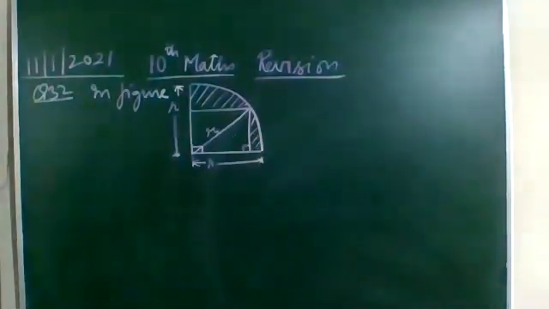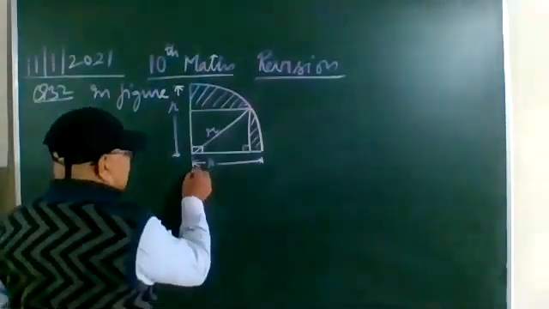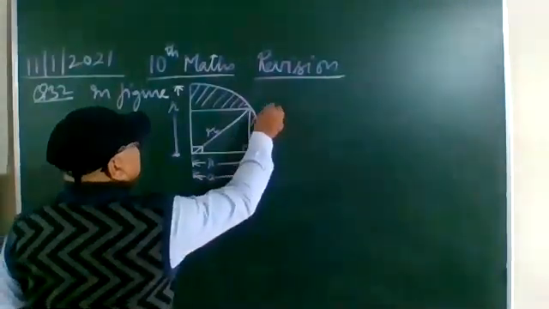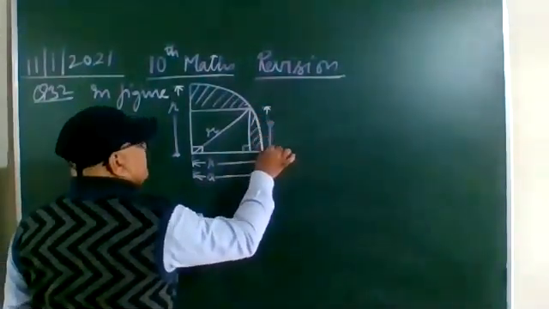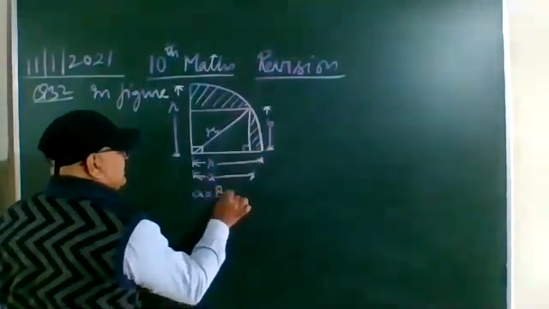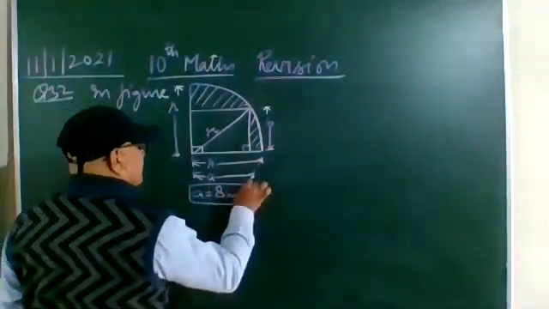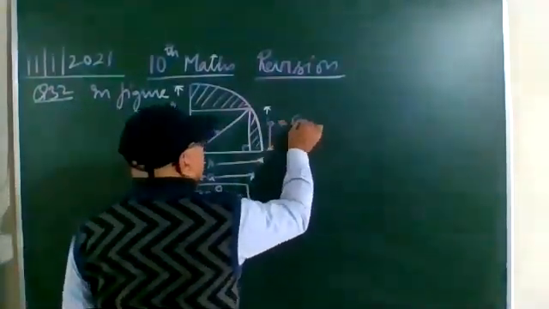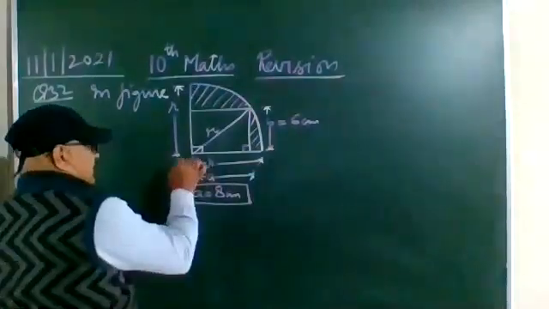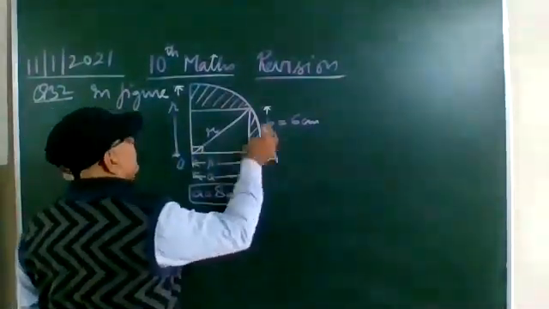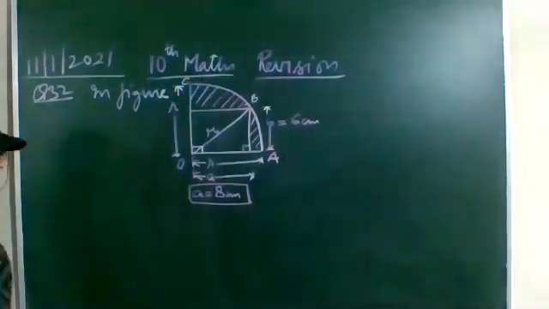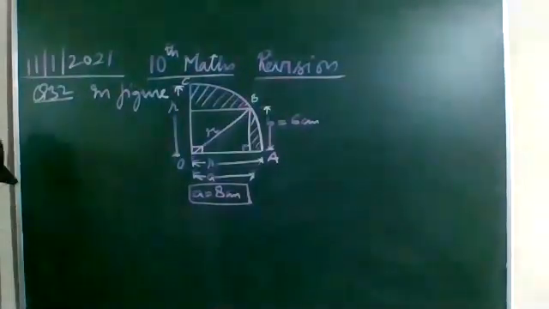You can take this side as A and this as B. That is A equal to 8 centimeter, B equal to 6 centimeter. So if I say this is O, this is A, this is B, and this is C, this whole figure is given to you.